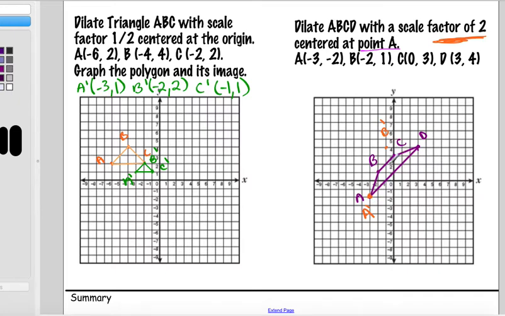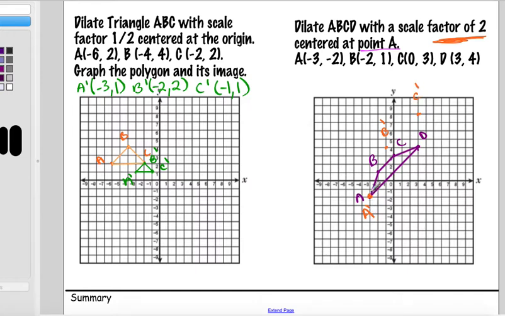From A prime to C is going up 1, 2, 3, 4, 5, and over 1, 2, 3. So go again, 1, 2, 3, 4, 5, 1, 2, 3. There's C prime.